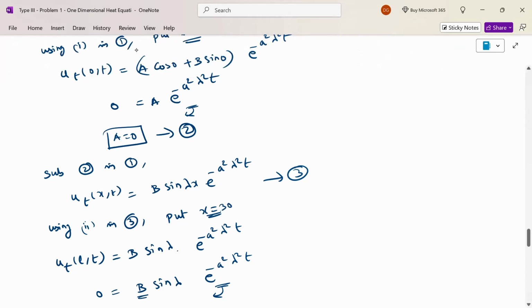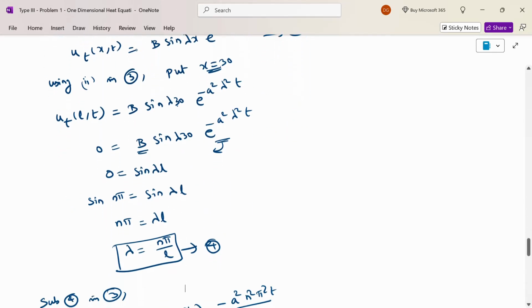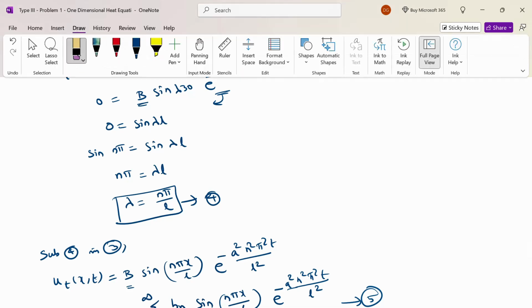The problem is given L as 30, so just replace wherever L is used with 30. If the problem is given only as L, then you just continue with L. In this problem L is given as 30, so I am going to change L to 30.